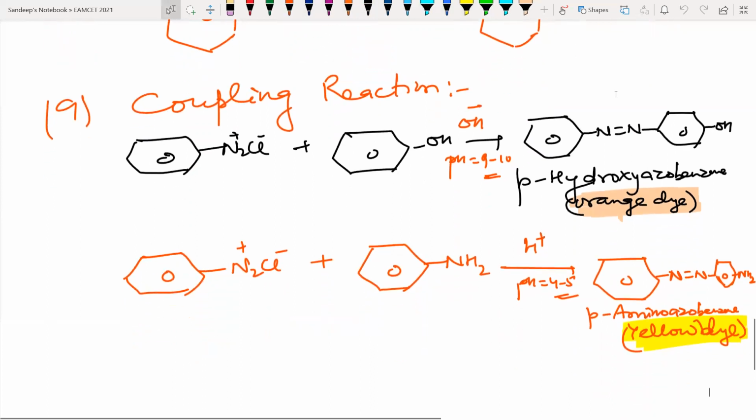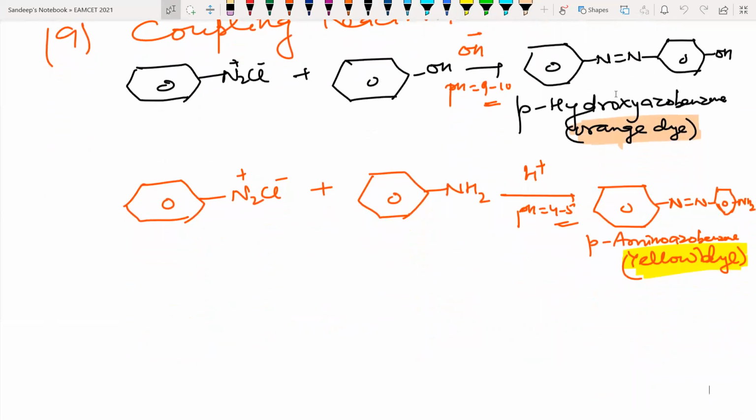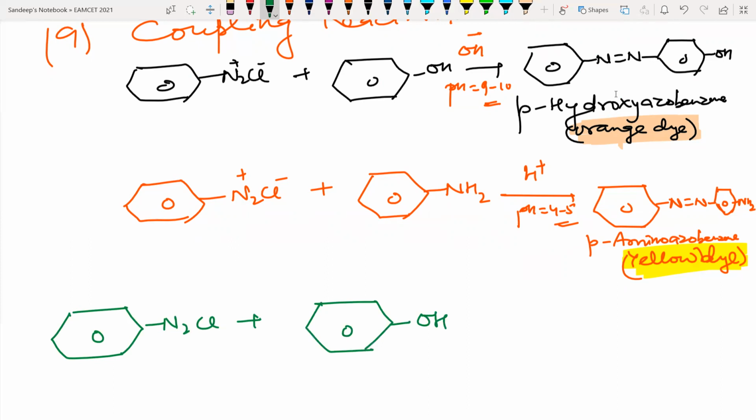Coupling reaction occurs at the para position with respect to the activating group. However, if the para position is not available, then coupling occurs at the ortho position. Let me give you one example. Suppose you are treating benzene diazonium chloride with para-cresol. Methylphenols are also called cresol. Since the para position is already occupied, in basic medium pH 9 to 10, what happens?